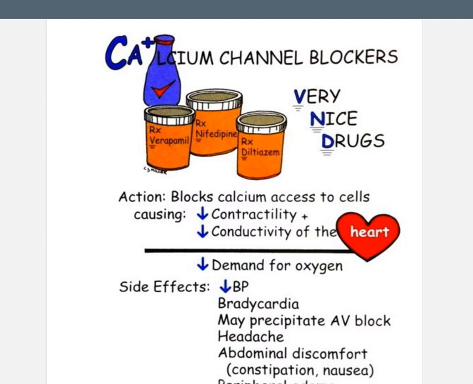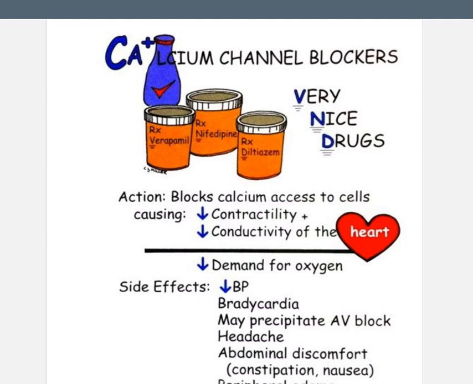It's obviously metabolized through the liver. What are the big adverse reactions? The important thing to know is, obviously, if it causes peripheral vasodilatation of the arterioles, we're always worried about your patient having their blood pressure drop.